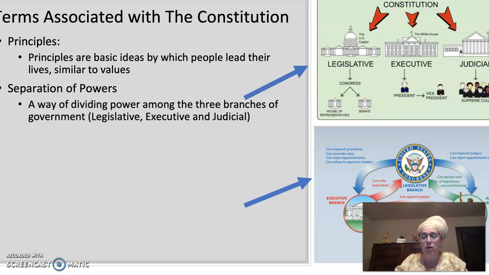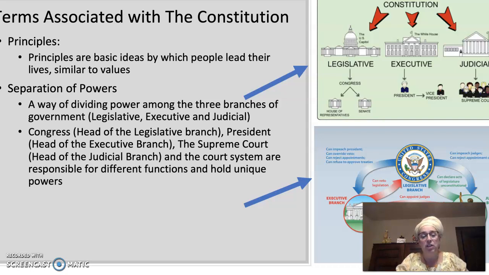So you'll see in the green box it says legislative. That's where you make your bills. That's the Senate and the House of Representatives. There's executive, which is the president and the vice president. Then we have the judicial, which you can see is run by the Supreme Court, right?